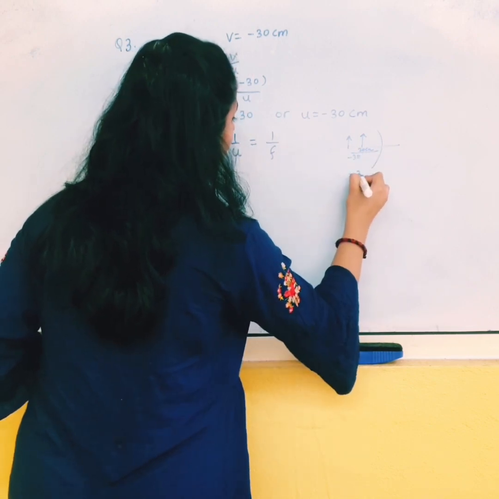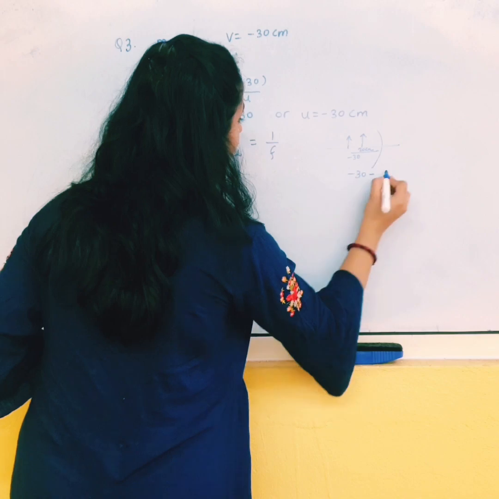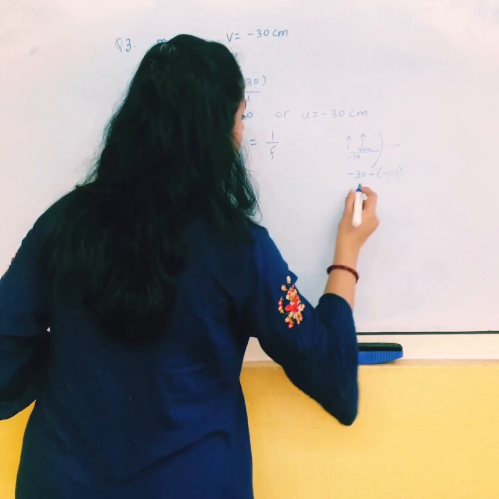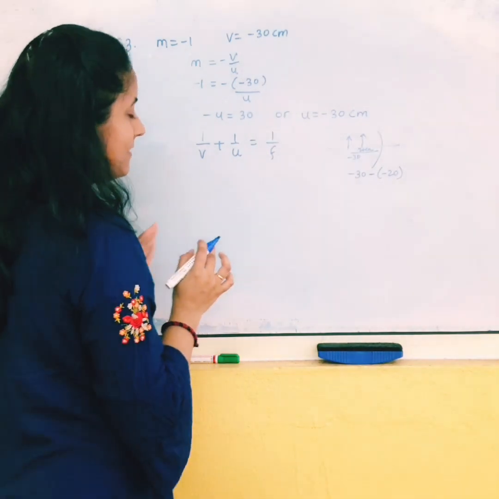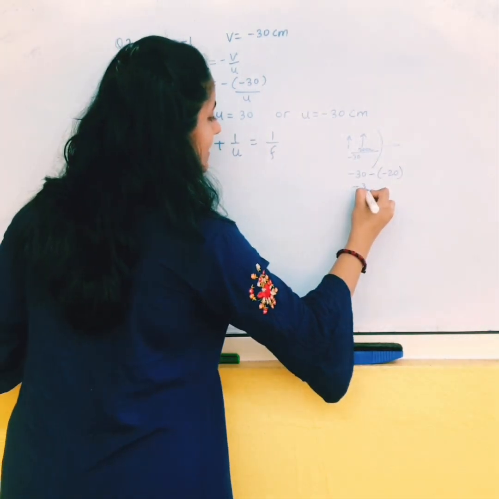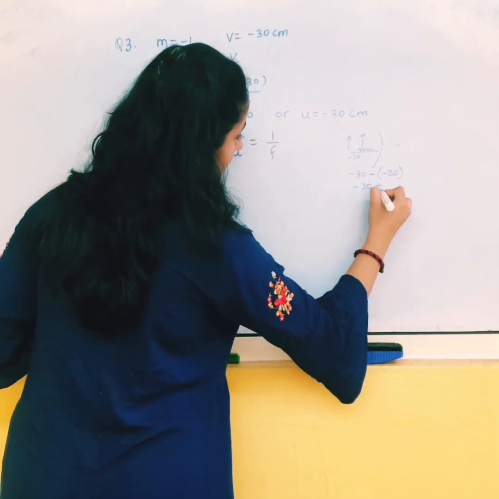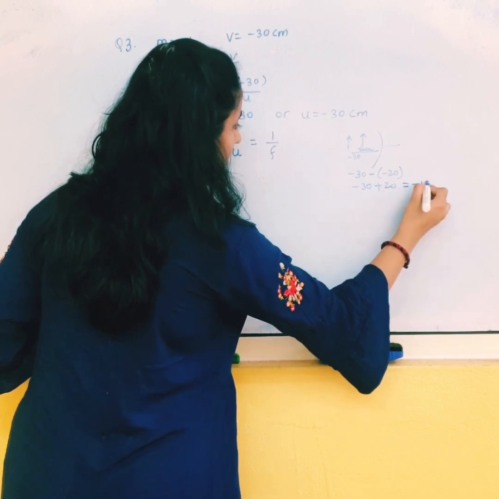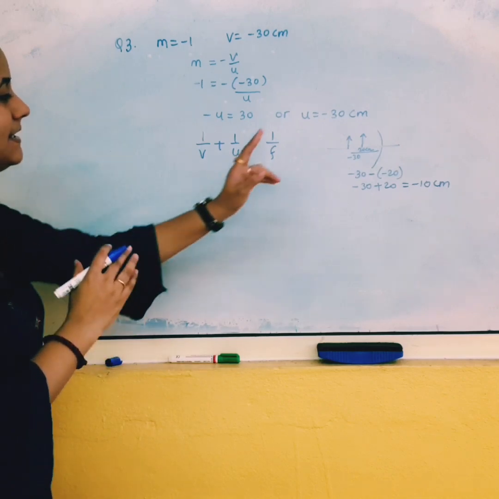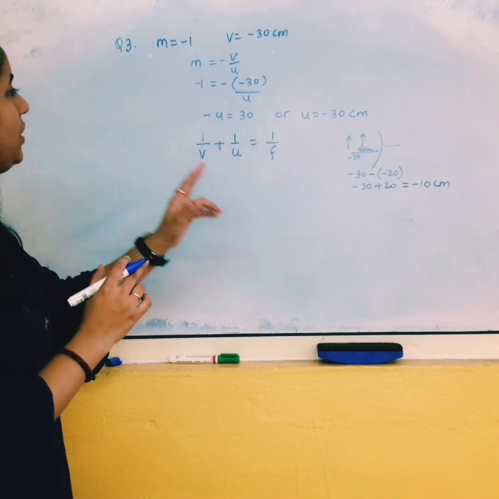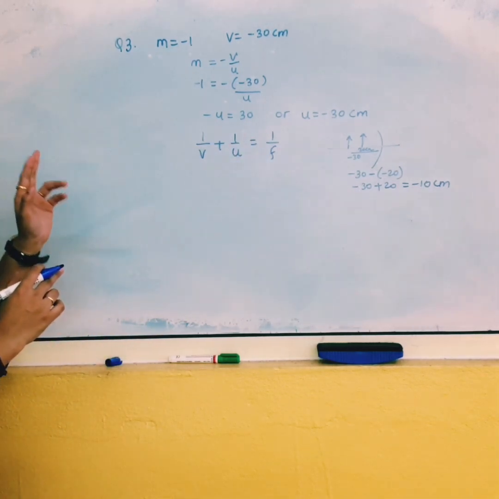So you can find it by subtracting this distance. See, this will also be -20 because it is located towards the left side. So your answer will be -10 centimeter.